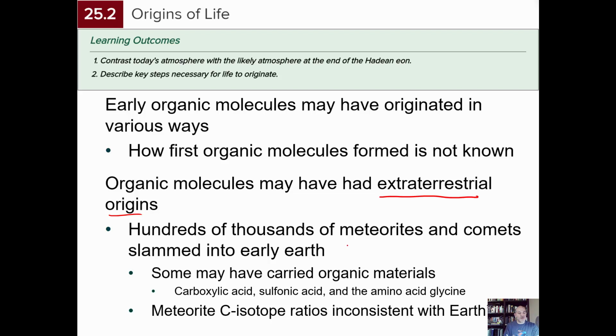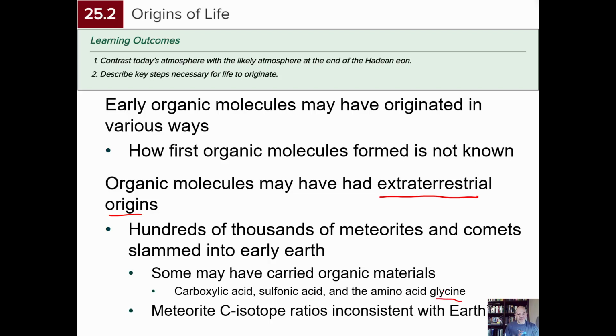I think somewhere upwards of perhaps 15% of the mass of the meteorite was organic compounds, so a significant portion of it. This meteorite contained organic compounds like carboxylic acid, sulfonic acid, and even the amino acid glycine, which is used to make our proteins.